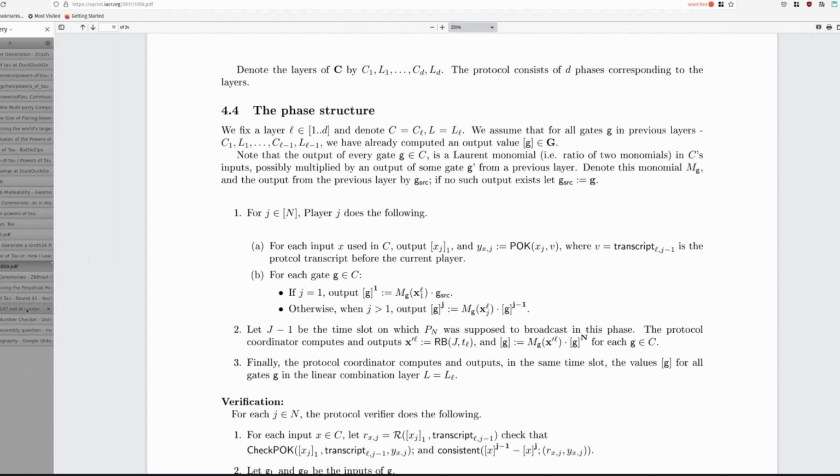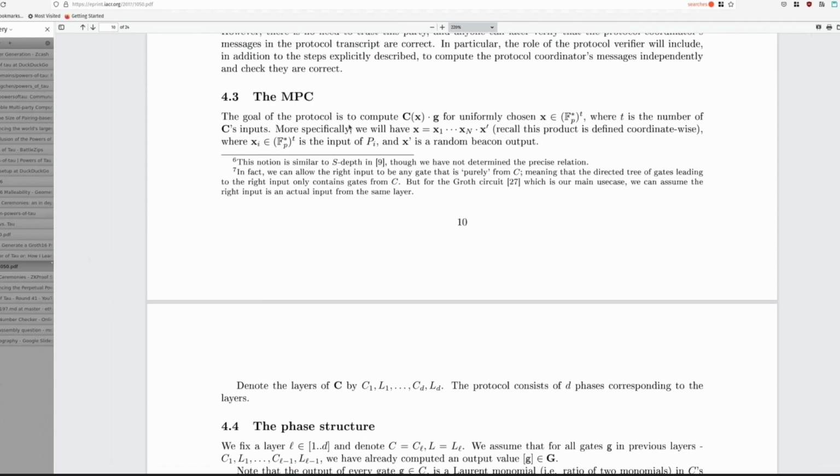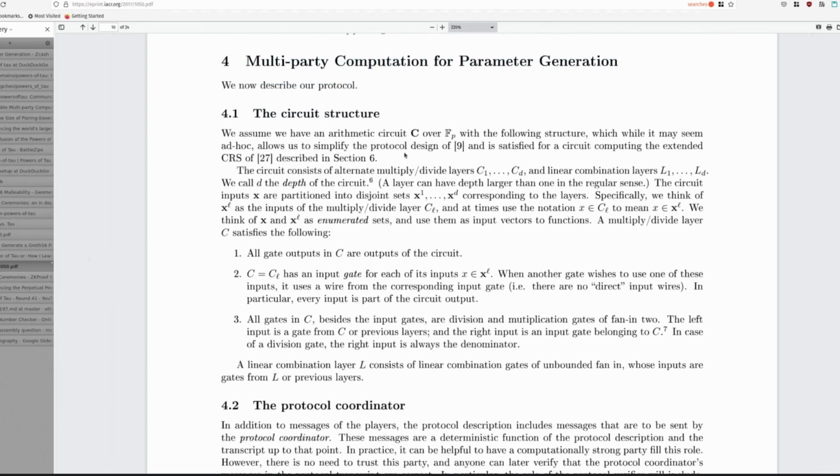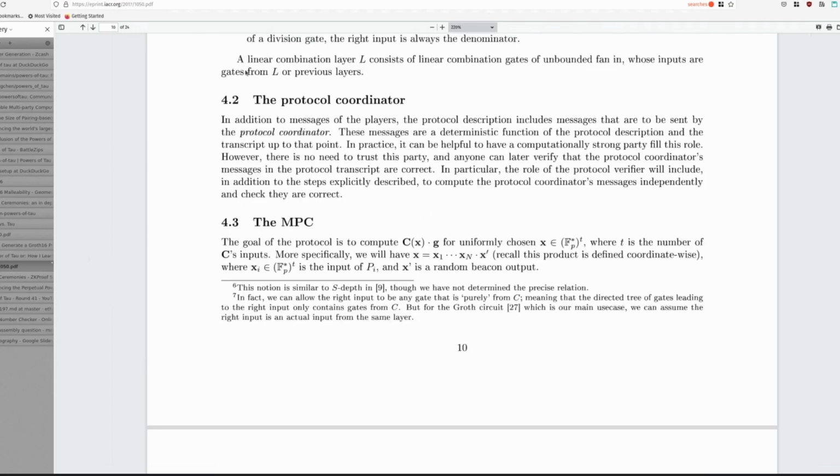So something else that I wanted to go through. This particular section over here of the paper, this is where they explain the protocol. So here is our protocol, and it talks a little bit about the circuit, the SNARK circuit, and then it says that there is this other actor called the protocol coordinator, which needs to be part of the setup.